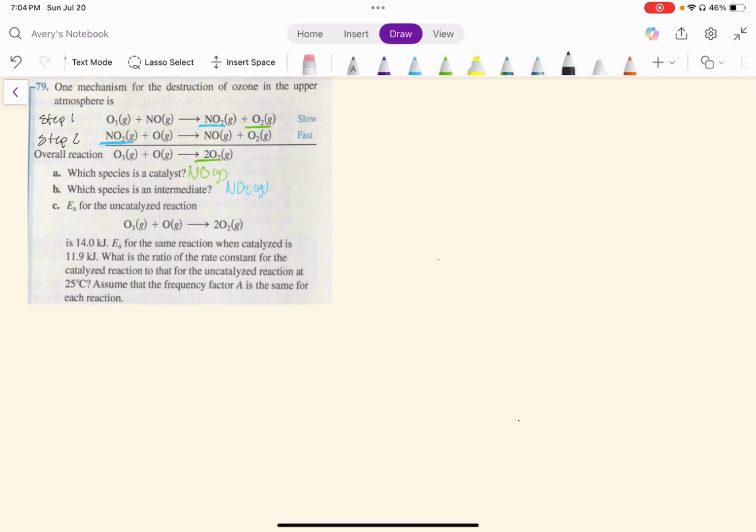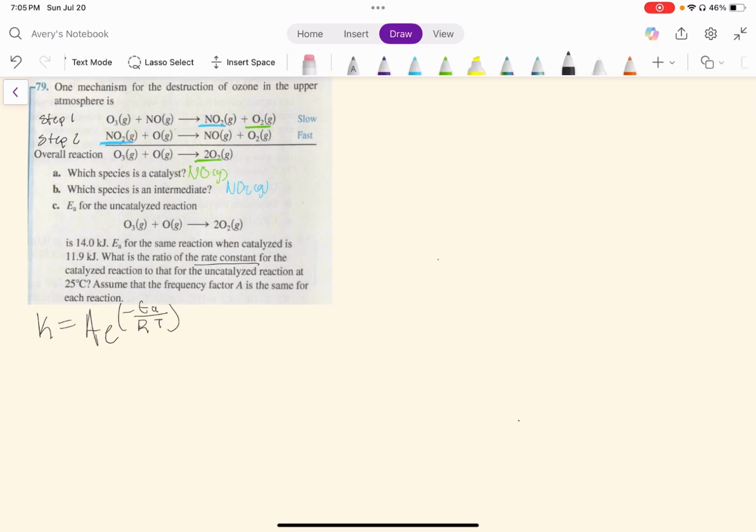Since we're solving for the value of k, the rate constant, we're going to be using the Arrhenius equation from question 13, which is k equals A e to the power of negative E_A over RT.